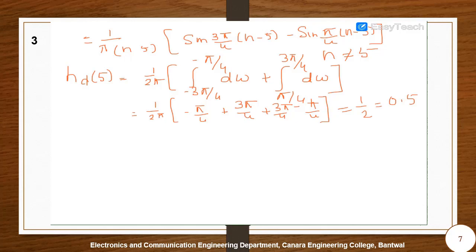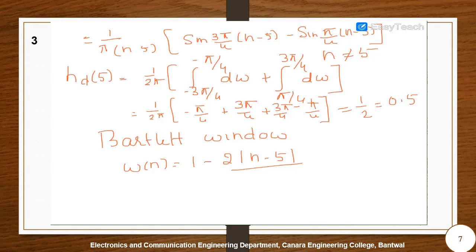They have asked us to use Bartlett window. Bartlett window is defined as w of n is equal to 1 minus 2 times magnitude of n minus 5 divided by 10.